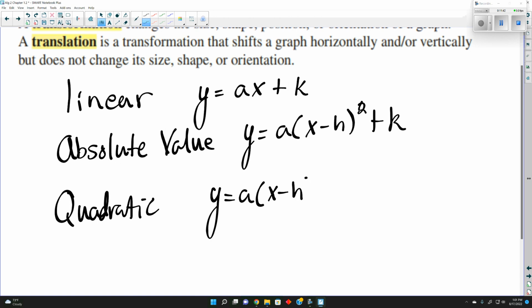Yep, sorry, I got that flipped for a second. I put quadratic under absolute value.